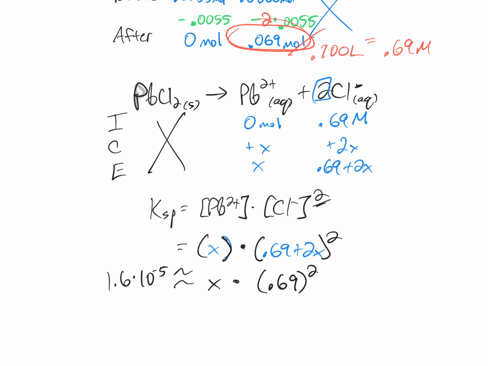And if we divide that out, x works out to be 3.36 times 10 to the negative fifth, a really small number.